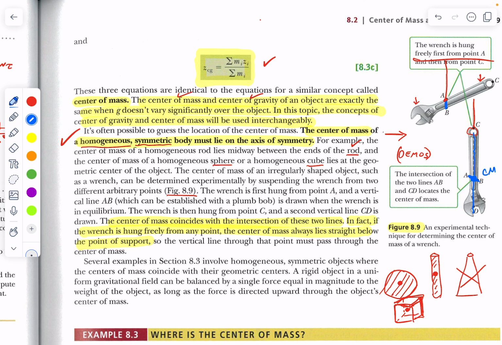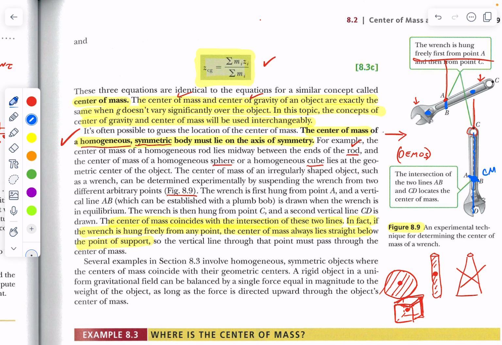And indeed, if you were to pick another point, let's say this point here or this point here, and dangle it from a thread and let it tilt one way or the other, when it stops moving, hang a plumb line from it and draw the vertical line that the plumb line shows you. All those points will intersect at the center of mass. And that's how you can find the center of mass of an object.